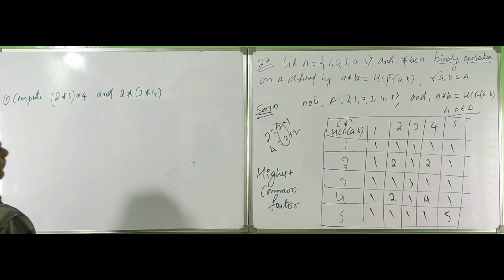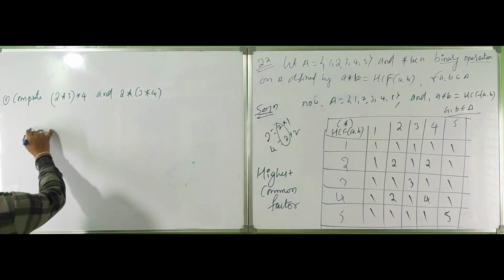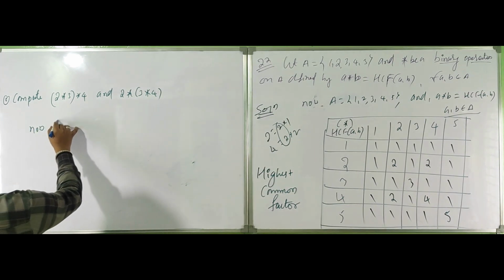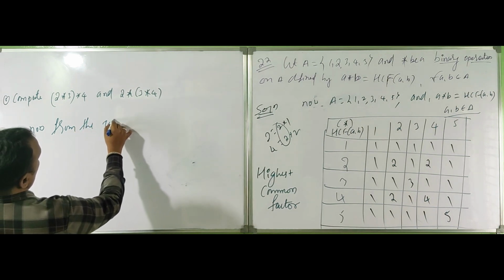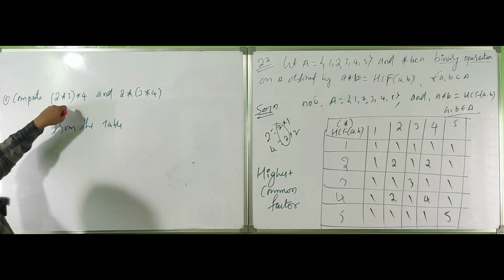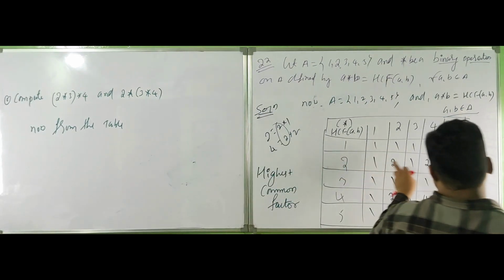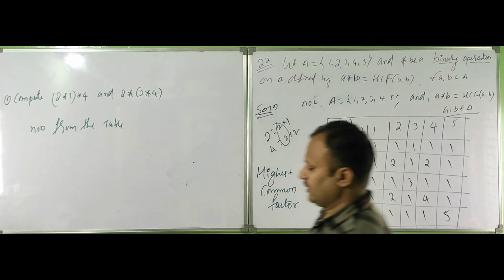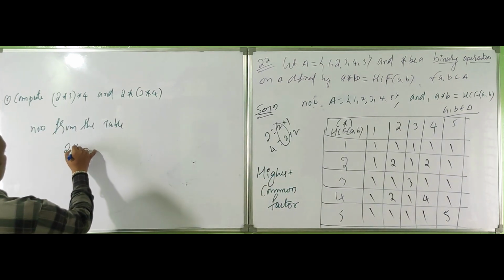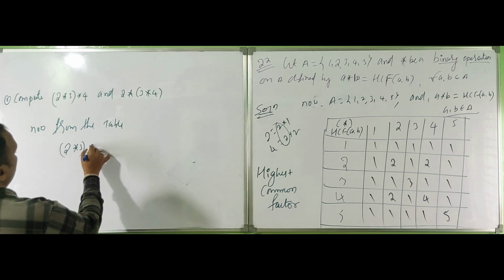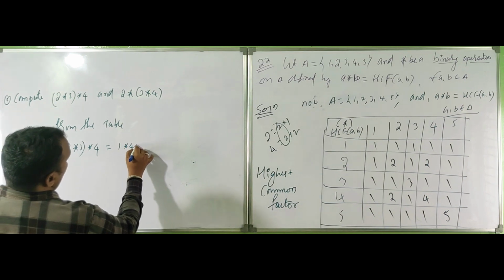From the table, 2 star 3 means HCF of 2 and 3, which is 1. So 2 star 3 star 4 is 1 star 4, which is 1.